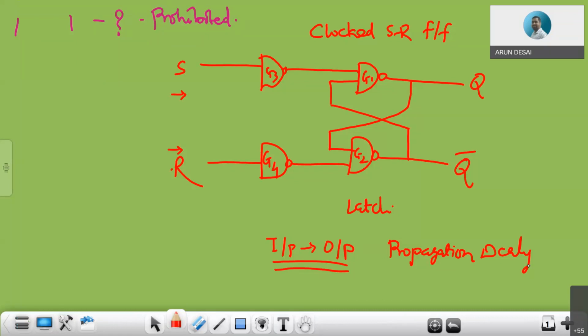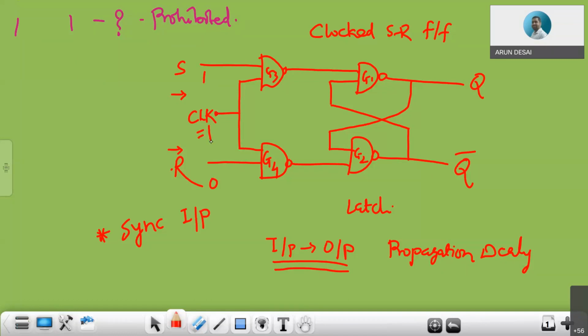For that reason, another input is passed, which is called the clocked input. This is a synchronous input. As and when you pass this input, whatever is there inside S and R is converted and passed to the latch.